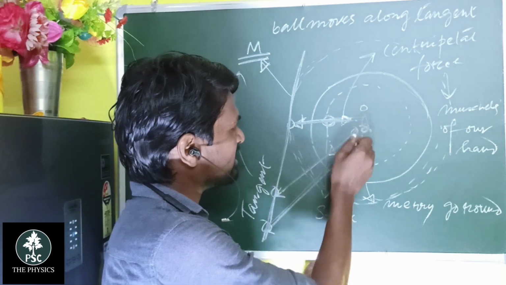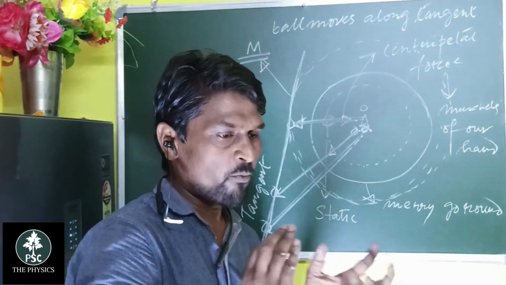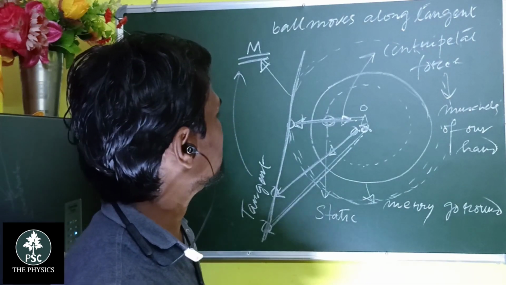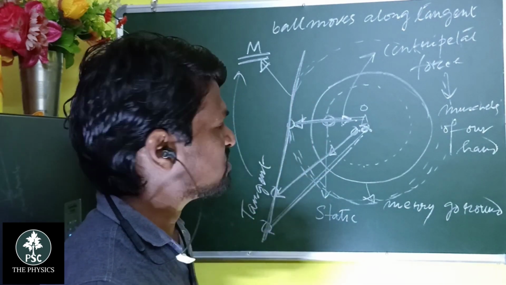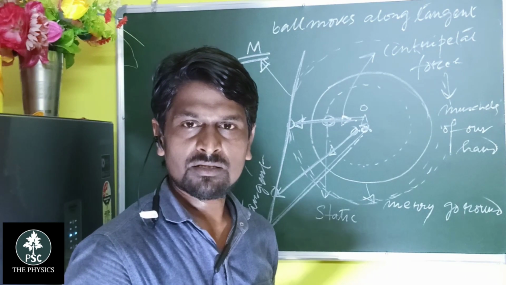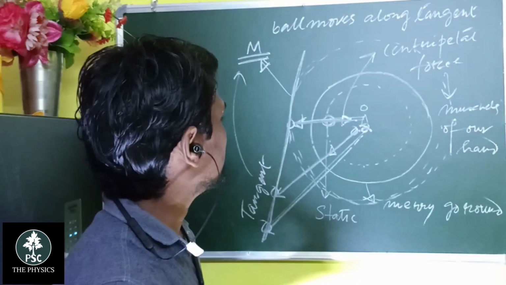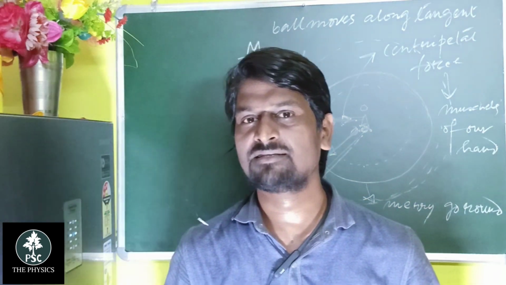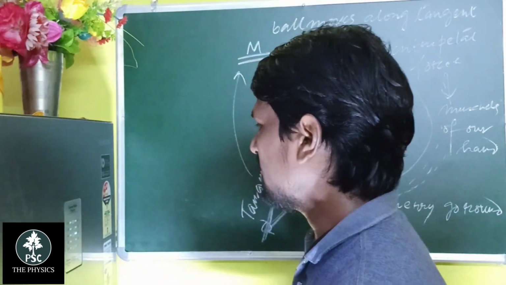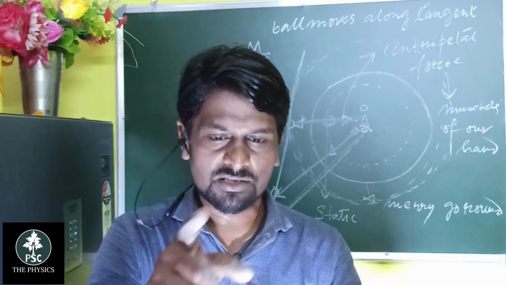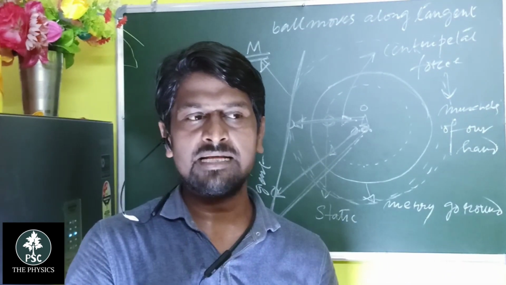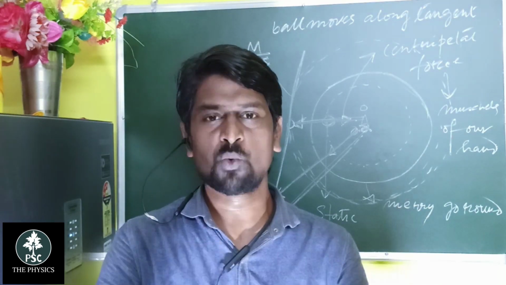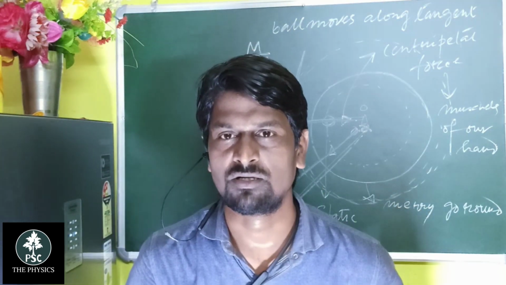So your explanation is that it moves away from the center, and your friend's explanation is that it moves tangentially. This is called centrifugal force, and when we explain a circular motion, this type of force is taken into account to understand that particular motion.